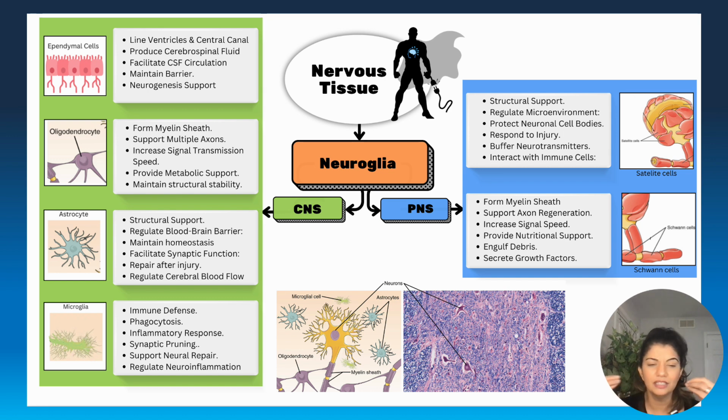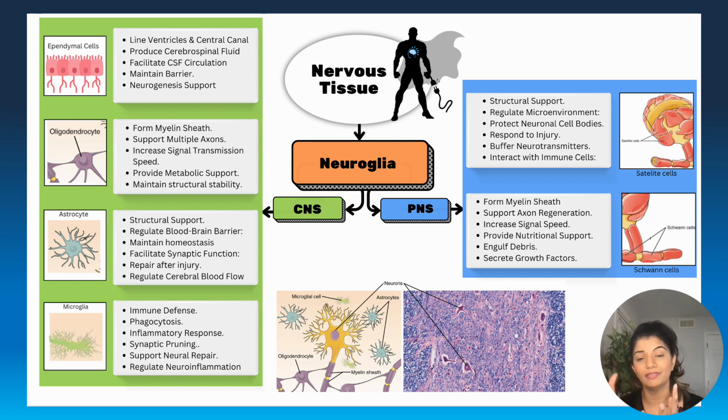You just need to know the main characteristics here, right? Oligodendrocytes form myelin sheaths for the CNS and increase signal transmission and speed, and provide support and stability. Astrocytes regulate your blood-brain barrier, maintain homeostasis, and are really important after injury. Microglia, remember, are the resident macrophages of the CNS because they play an immunity role.